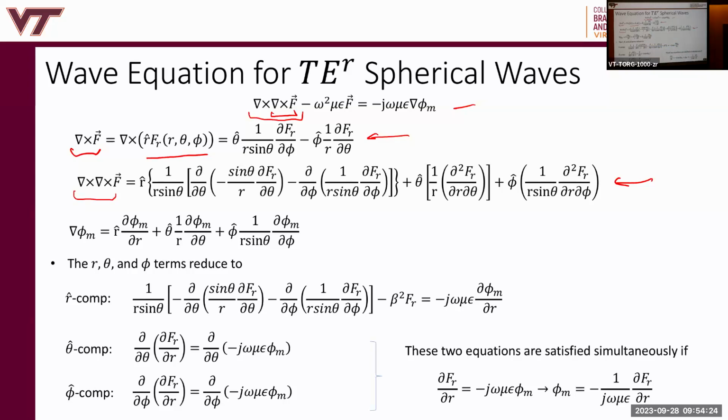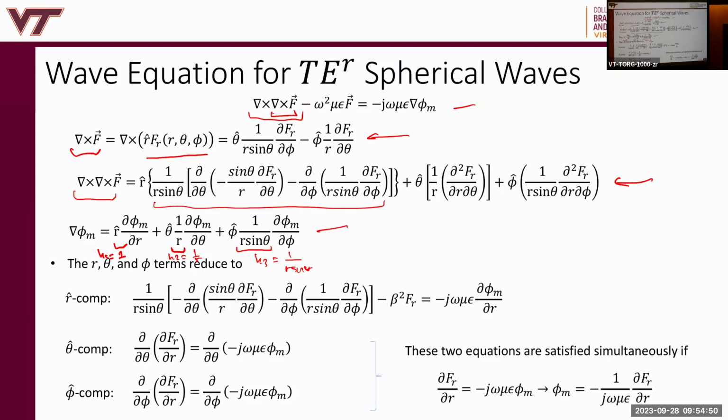Okay, then we have the gradient of phi. Well, gradient is an easy operation too. Remember, these are the scale factors, right? Here's H1, which is 1. Here's H2, which is 1 over R. You guys did this in your homework. H3, which is 1 over R sine theta. Remember? Very good. Okay, the R, theta, and phi terms reduce to, so now we're going to separate.